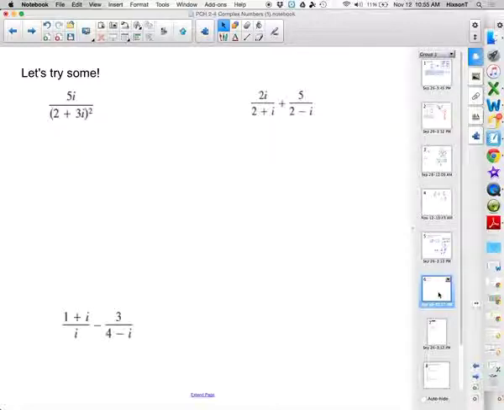When I do this, positive 100. Let's see. So this becomes 2 6s. Okay, but the i squared makes it negative. Oh, so it becomes negative 6 times negative 1, plus negative 6 plus 9. Very good.